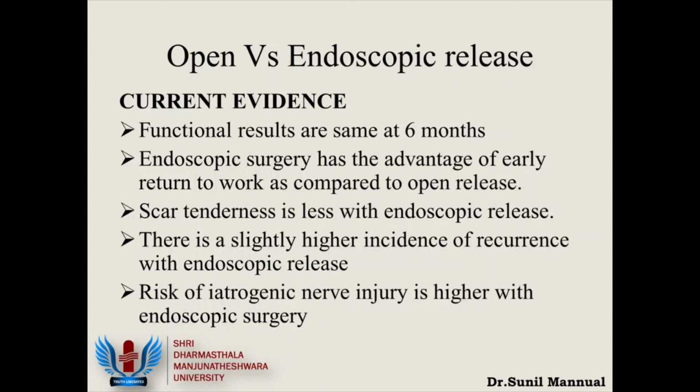And however, there is again a problem of slight increase of the incidence of recurrence with endoscopic surgery. Initially, as the scope is being pushed into the carpal tunnel, as you can understand, it's a totally blind procedure. Therefore, there's a small risk of iatrogenic nerve injury also with endoscopic surgery.